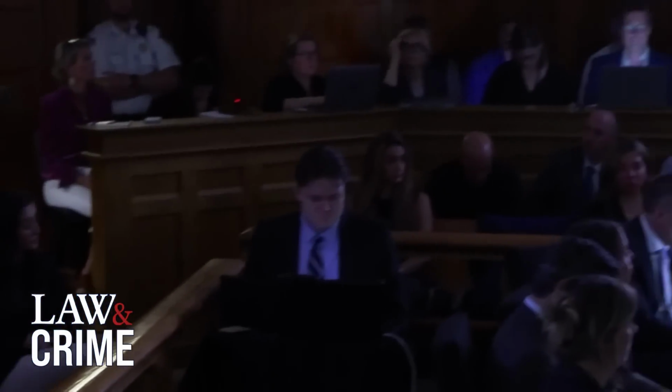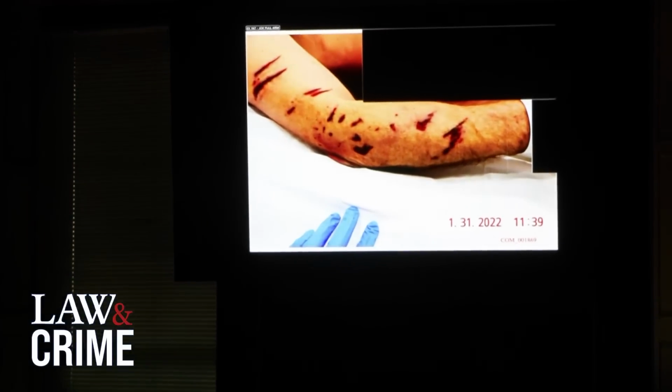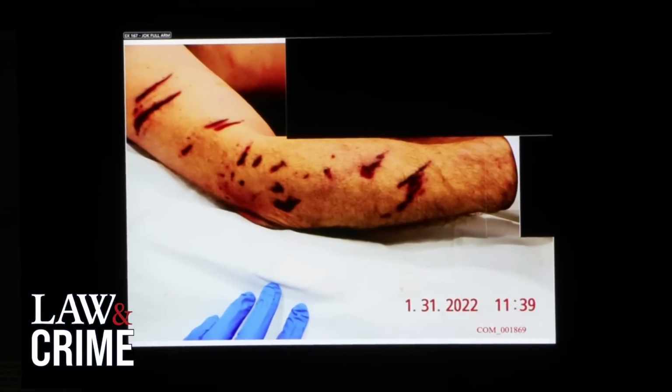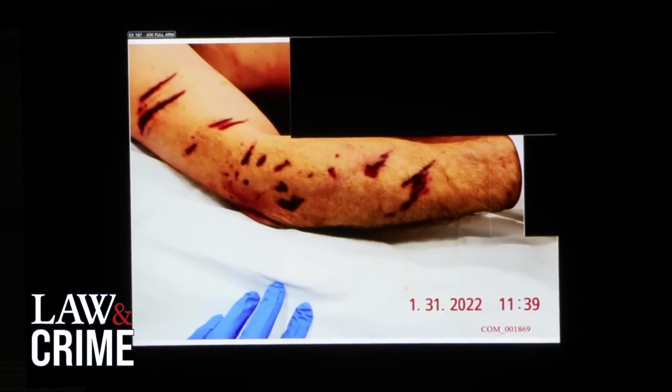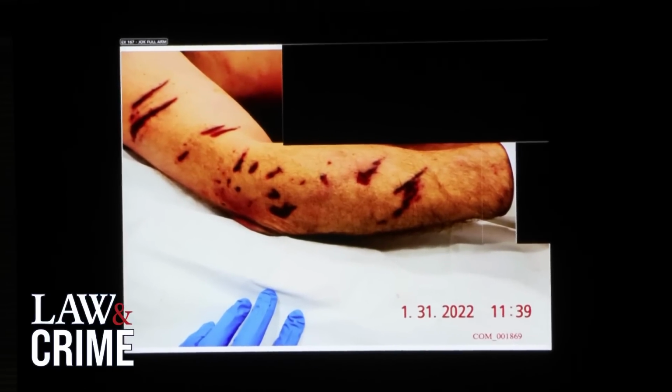Based on your review of all the materials that you had described and your experience that you had described, without stating it, were you able to come to any conclusions or opinions about the source and nature of the injuries that you see depicted on that exhibit? Yes.